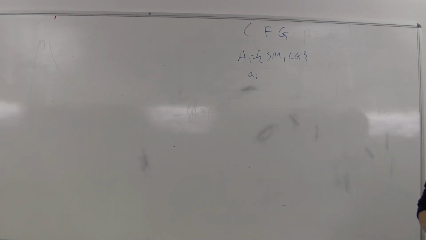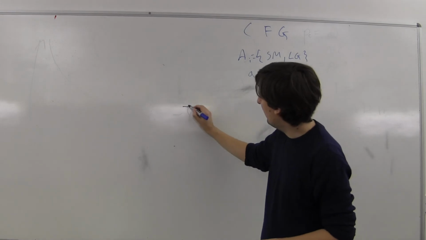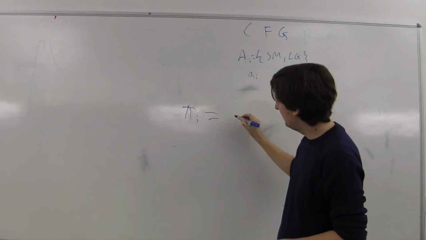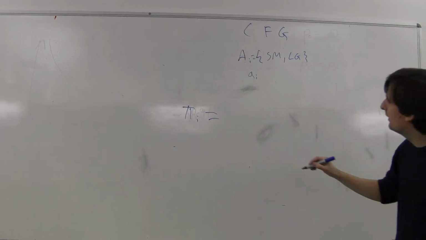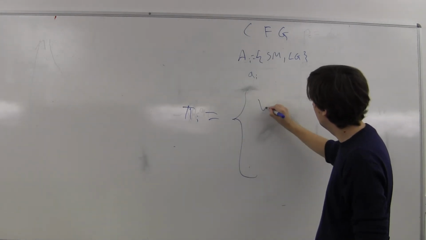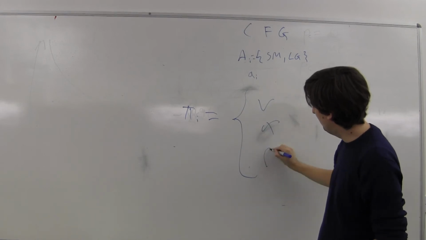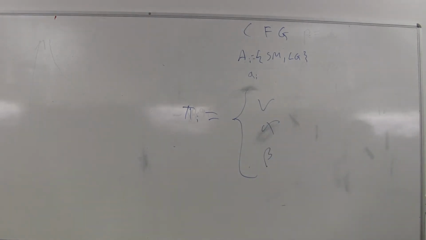Then there's this complicated profit function. The profits of firm i are either gamma, alpha, or beta.